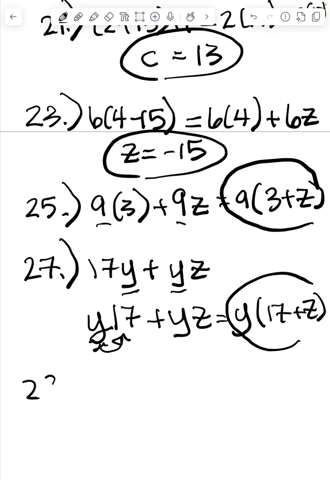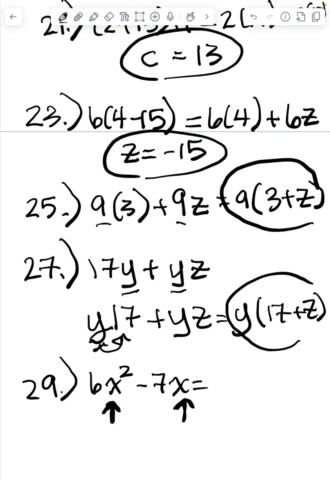Number 29. 6x squared minus 7x. All right, this has two x's because x squared means x times x. This has one x. So that means there is an x that is distributed. Let's pull it out.